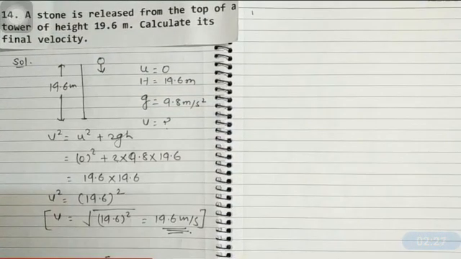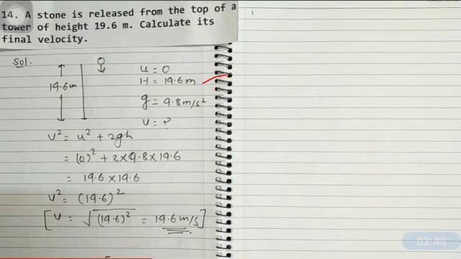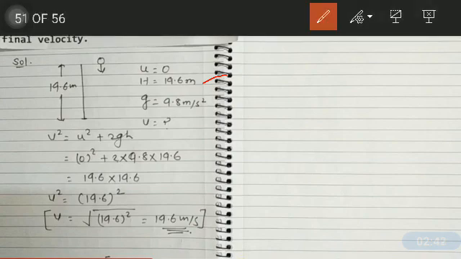Next question is, a stone is released from the top of a tower of height 19.6 meter. Calculate its final velocity. So here you are given the height 19.6 meter and a stone is released. Release means this is a free fall motion, so initial velocity will be 0 because it is falling towards the earth under the gravity and the acceleration due to gravity is 9.8 meter per second square.